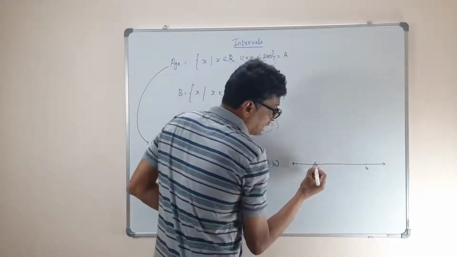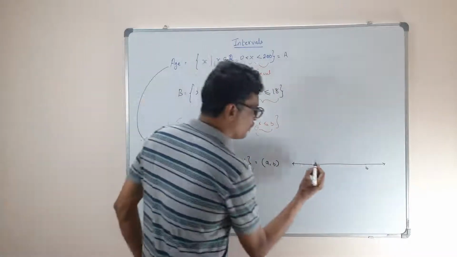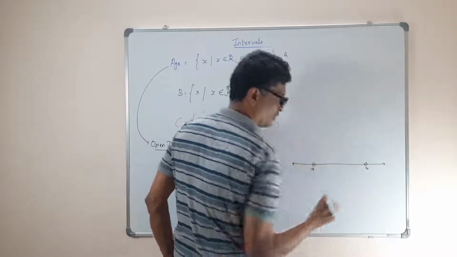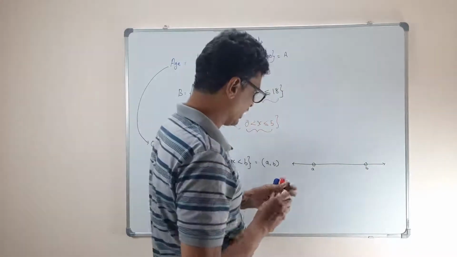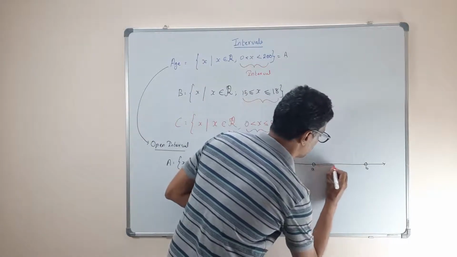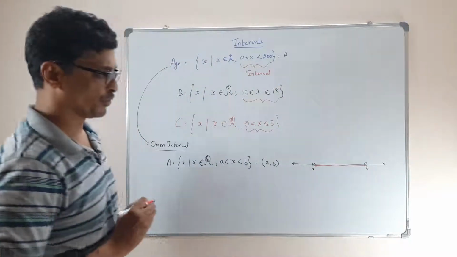Suppose A and B is an open interval, you put an open circle. Then the interval is in between these two.